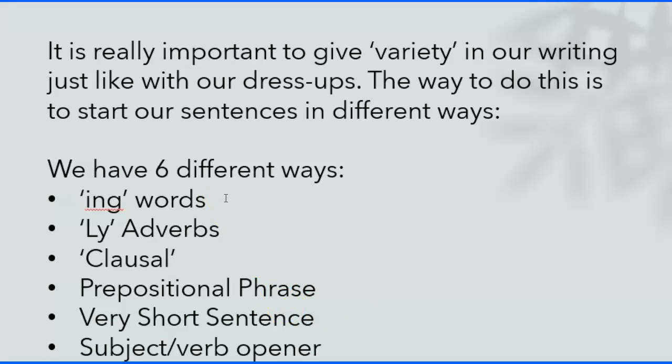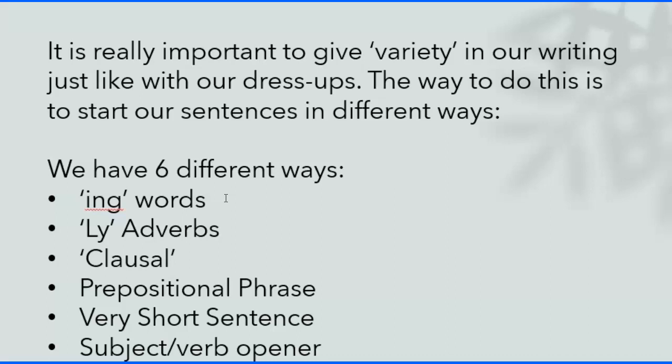We have sentences that can start with an ing word, like singing in the shower. She sounded beautiful. We can start with ly words, like fortunately, Mom was at home when the delivery was made. We can start with clausal words, which we know from our dress-ups, but we might say something like, when the dog tried to go outside, the door was not open.